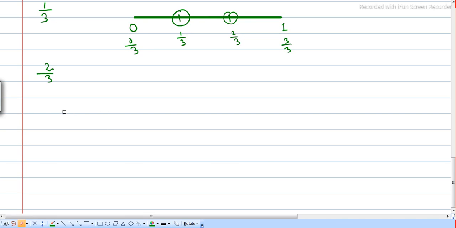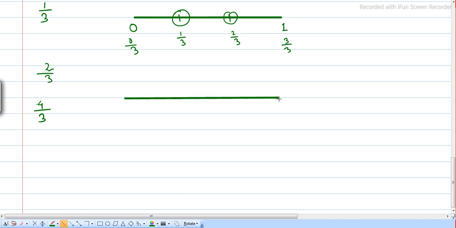So we'll take another example. Take another number like 4 by 3. Okay. Now you see here the numerator is greater than the denominator, so where will this number lie? Let's see.